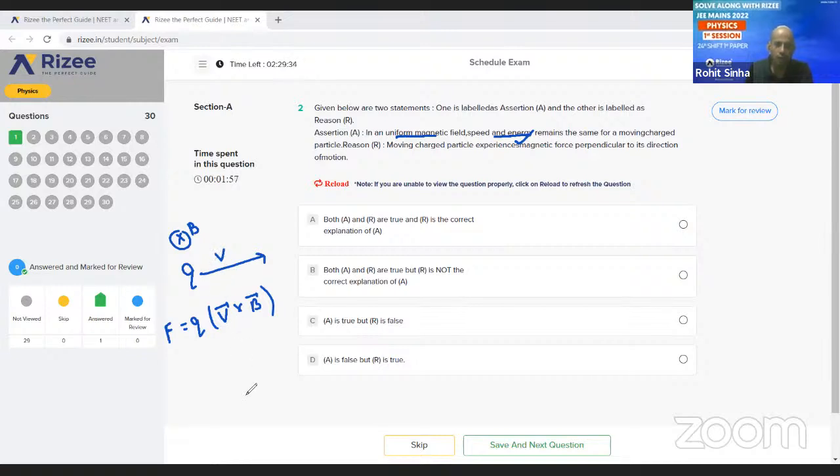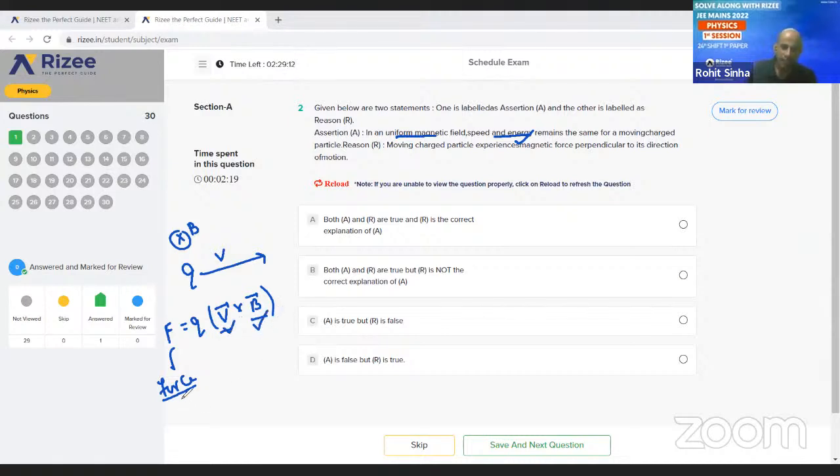The force comes when we take the cross product of velocity and the magnetic field. So the result of this cross product is force, and the force is a vector which is perpendicular to velocity and magnetic field.